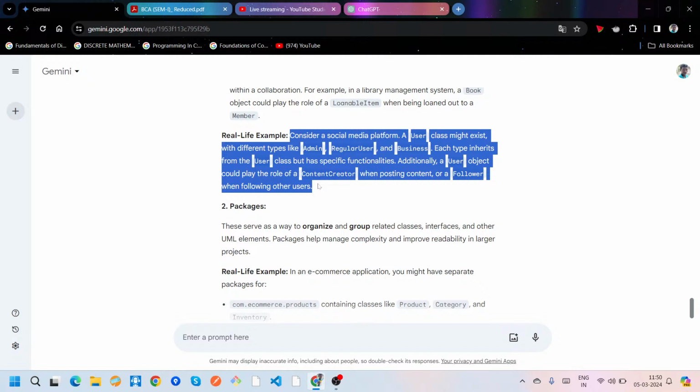Each type inherits from the user class but has specific functionalities. Additionally, a user object could play the role of a content creator when posting, or a follower when following other users.